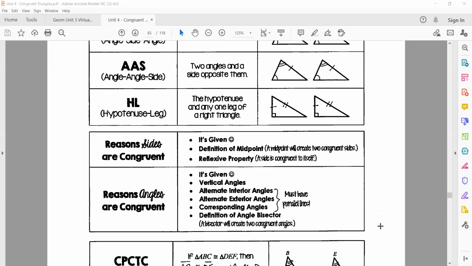In the fine print here, it says must have parallel lines. You can still have these angle relationships if the lines are not parallel, but you no longer have the congruencies, because remember, those relationships with transversals and parallel lines create congruencies.